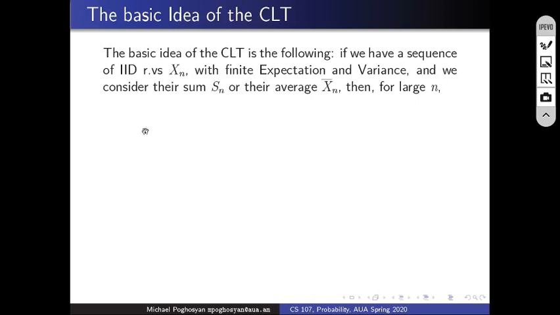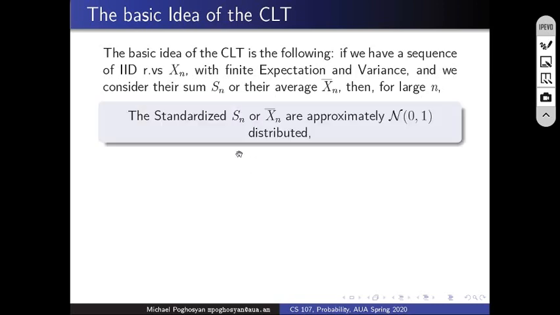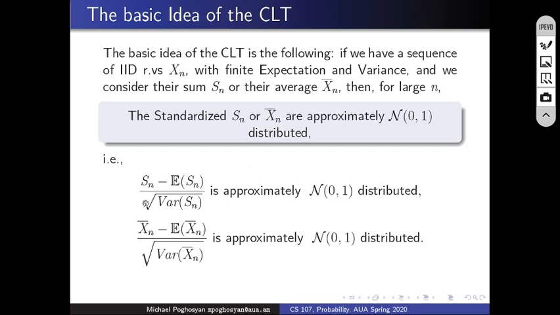Okay, so what is the basic idea of the central limit theorem? If we have a sequence of IID random variables Xn with finite expectation and variance, and we consider their sum Sn or their average Xn bar, then for large n, the standardized Sn or standardized Xn bar are approximately normal 0, 1 distributed. That is, this is a random variable because Sn is a random variable, and this is a number, the expected value.